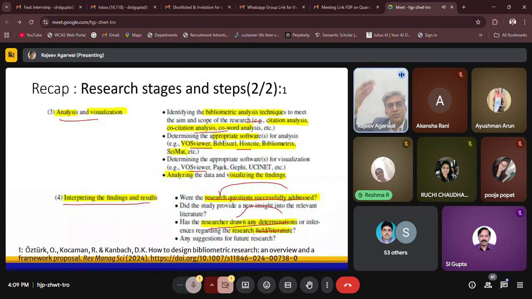While doing this process, you will slowly be convincing yourself that this is what different researchers have not addressed, and this is what the researcher is addressing. While using these tools, you will be able to know.